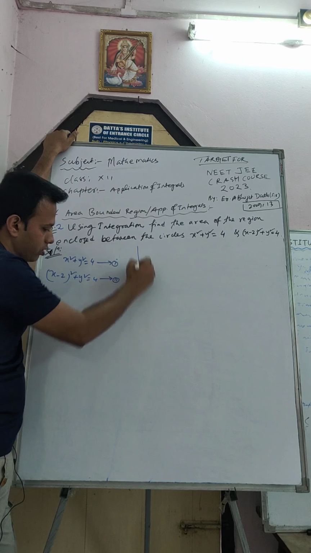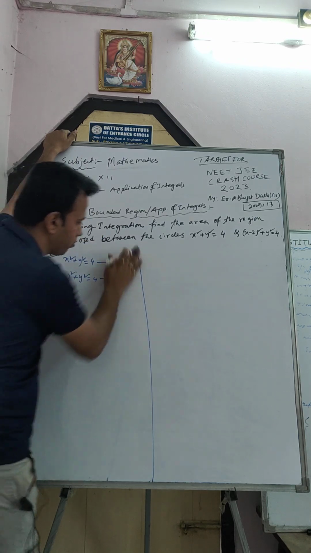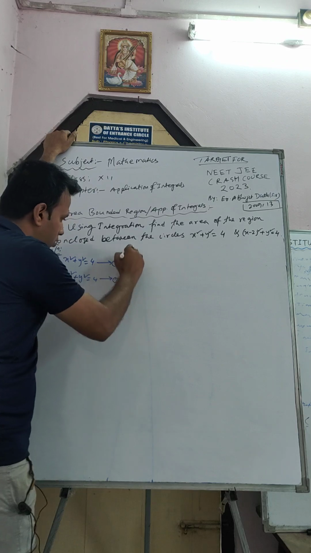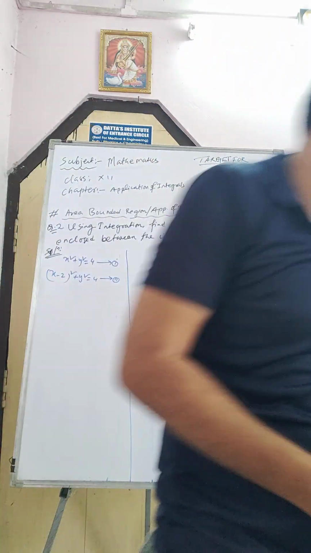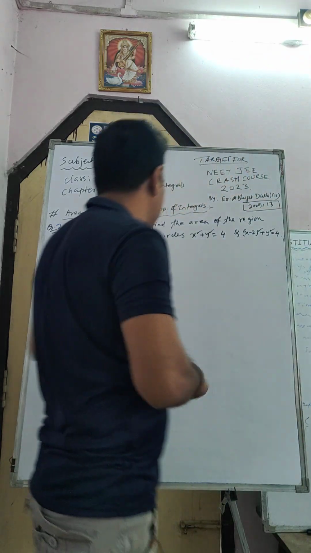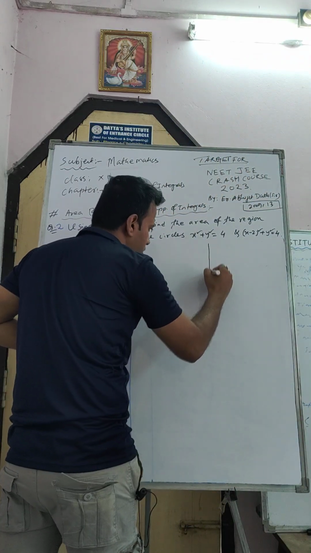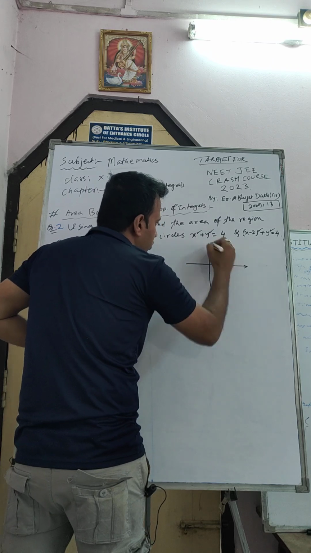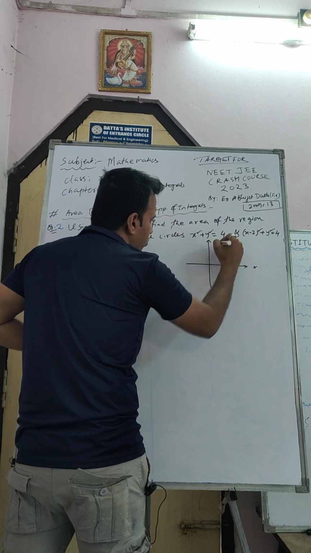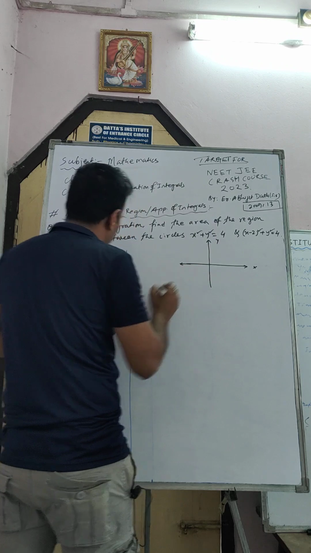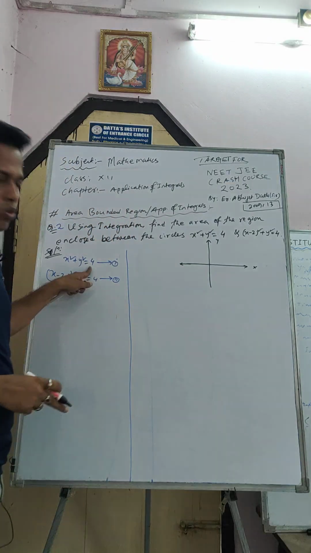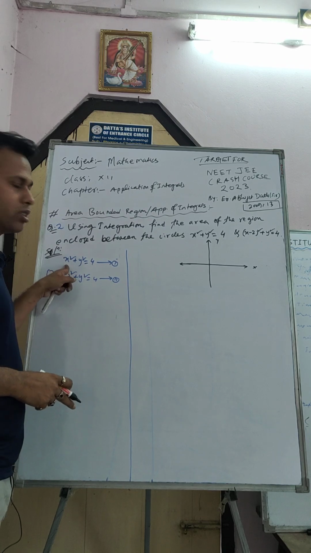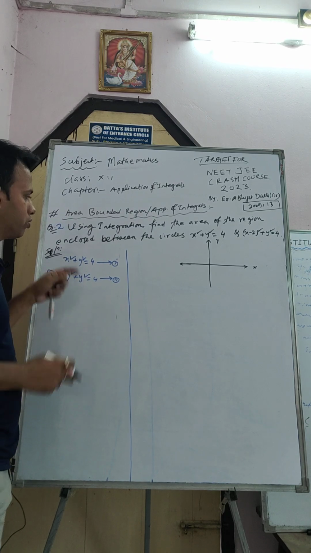Now first I try to draw the graph. Suppose this one is the x-axis and this one is the y-axis. Here the radius of the circle will be 2, and the center of the circle will be the origin, 0, 0.